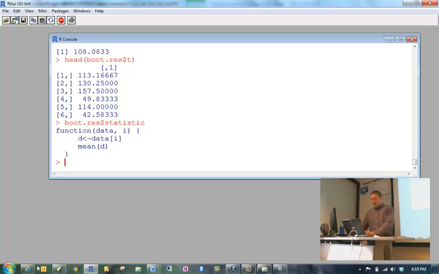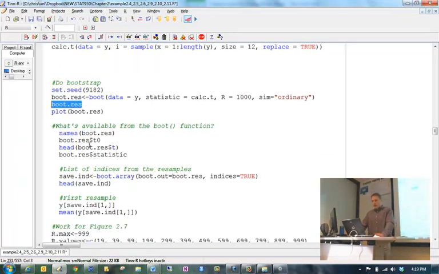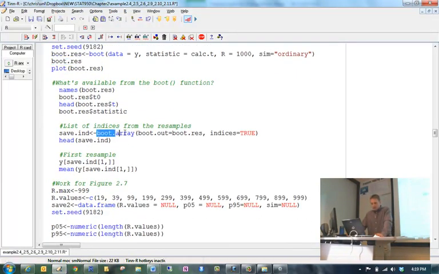There's a function in R called boot.array that allows you to view your resamples. The first argument is boot.out, meaning what came out of the function boot. I saved the results in boot.res. There's one argument called indices. Indices equal TRUE will help me see the actual indices for the resamples. I put the results into save.ind.